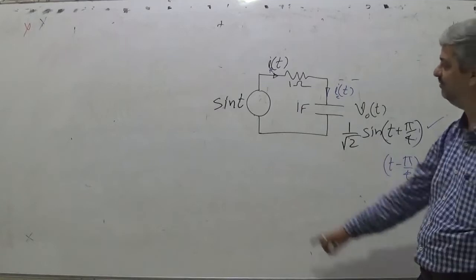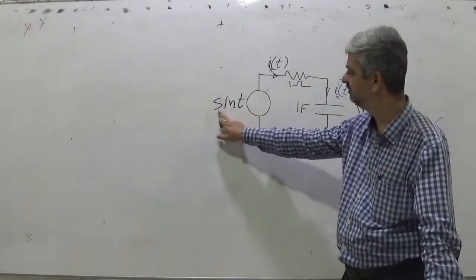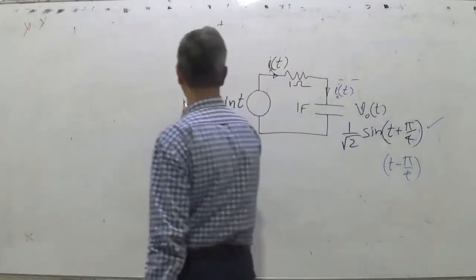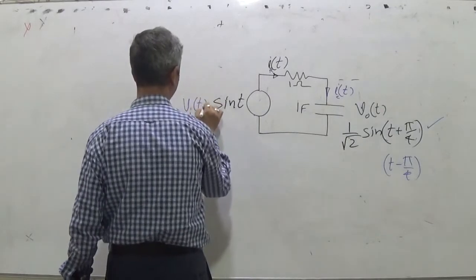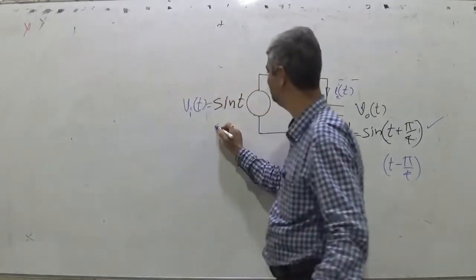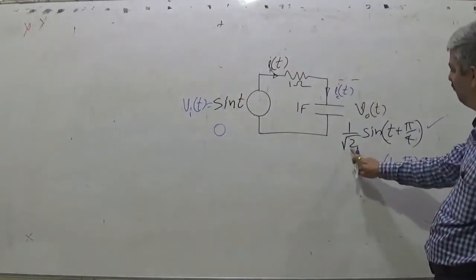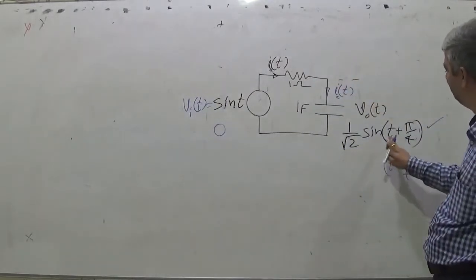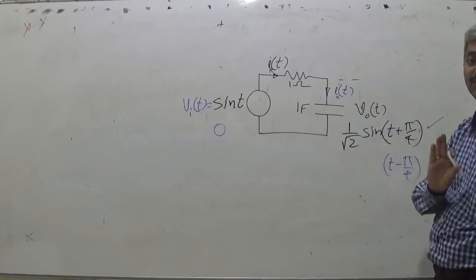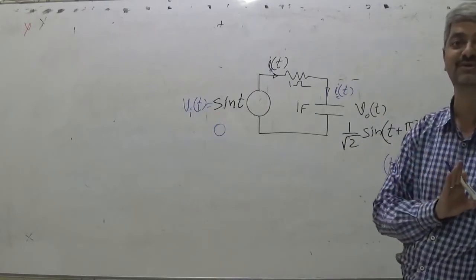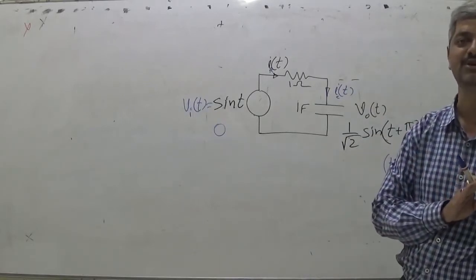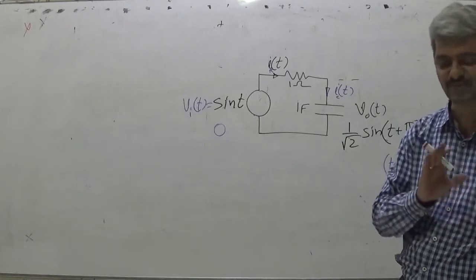At t equal to 0, what is the input? This is Vin. At t equal to 0, the input is 0. And what is the output? 1 upon root 2 sine of pi by 4. What is sine of pi by 4? It is 1 by root 2.